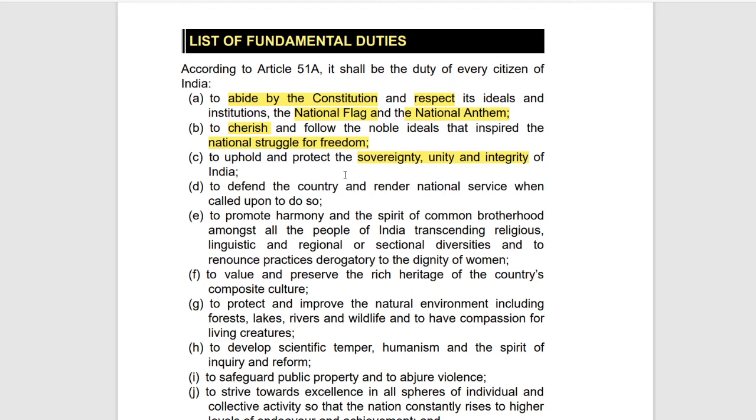There is no requirement to write upholding and protecting. There is no requirement of writing India, because we are doing this for India only. Next, to defend the country and render national service when called upon. So what I am going to underline here is only national service. That's it. From national service, I can understand that we have to serve the nation when it is required.